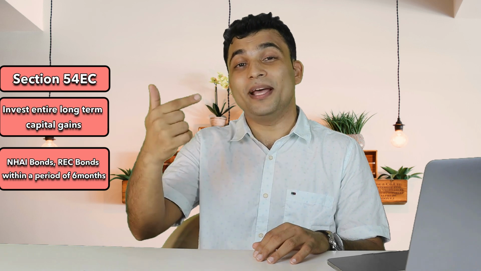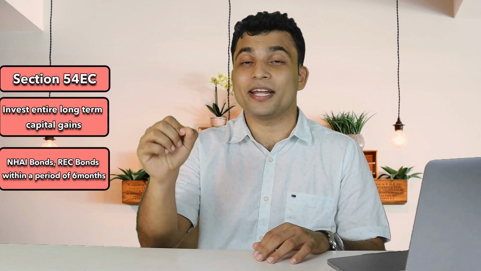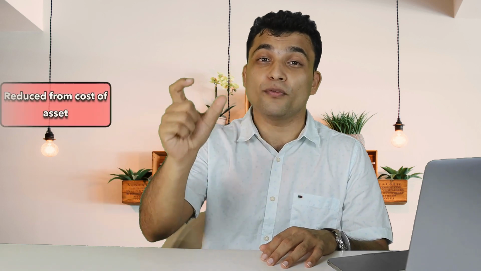Also, in order to avail the exemption under section 54EC, you have to do it before filing your income tax returns. In case of section 54EC bonds, you will have to stay invested for a period of 5 years. In case you withdraw before 5 years, then the exemption that you had got will be withdrawn and you will be taxed. The exemption that you had got by investing in section 54EC bonds will be reduced from your cost of asset.